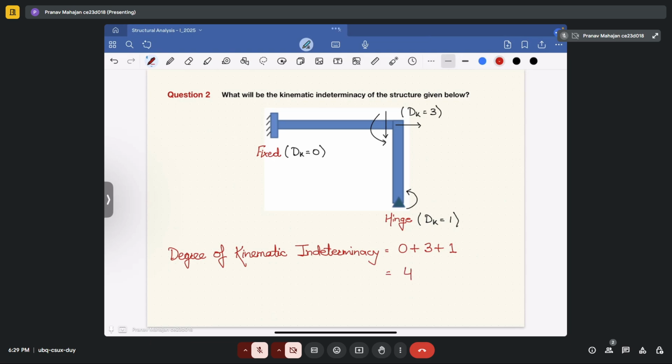Okay, fine. So this is how you are expected to calculate the kinematic indeterminacy. If you know the kinematic indeterminacy, your next step is to utilize the stiffness method and then determine the displacement in the redundant structure you are expected to solve.